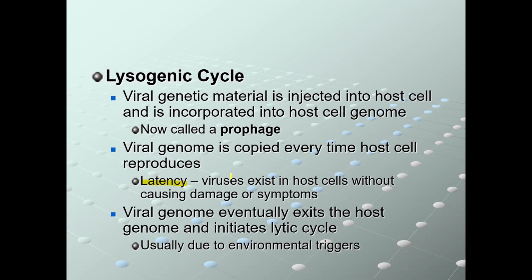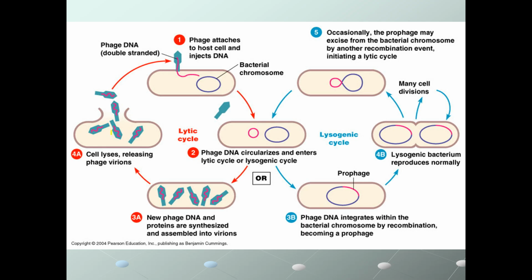Now, at some point, and depending on the environment, that genetic material will be copied, new viruses will be made, and that cell is going to die by lysing, okay? But that could be several generations later. So normally there's going to be some kind of environmental factor that triggers the change from the lysogenic to the lytic cycle.